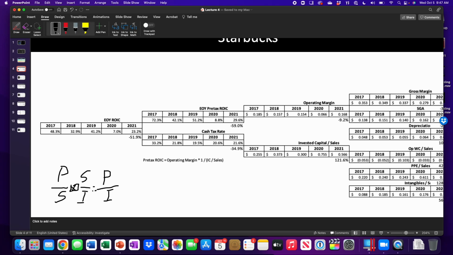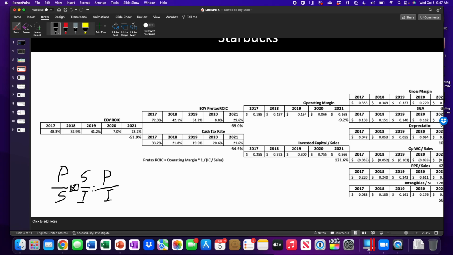Second, we're going to add up the tree. Okay? And we add up the percentage of sales on the balance sheet, keeping sales as the denominator will be important. Okay? So the point is, if you take operating margin times, and that's the formula over here, 1 over invested capital to sales, then you get your pre-tax ROIC.